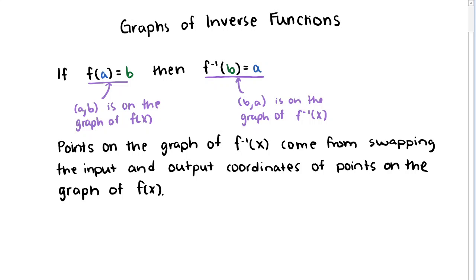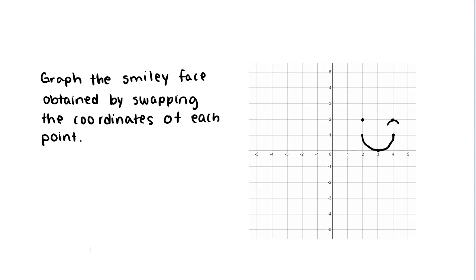And if we understand what this does to the graph of a function, then we can really quickly graph inverse functions. Here, this isn't an example of a function, this little smiley face on the right, but I think it'll help us make sense of what it looks like to swap the coordinates of some points.